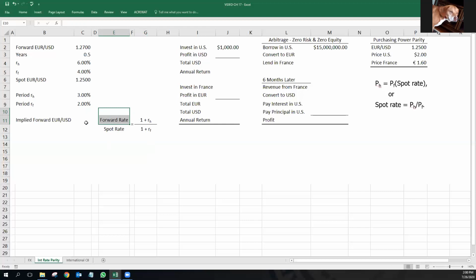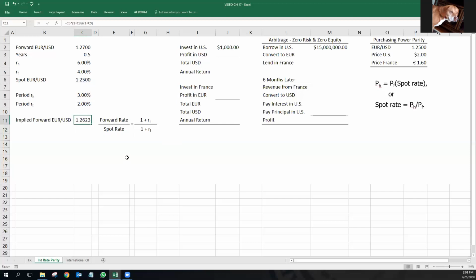We take the spot rate, what is happening now, times 1 plus the period rate, because we're doing it for 6 months, divided by 1 plus the foreign period rate.